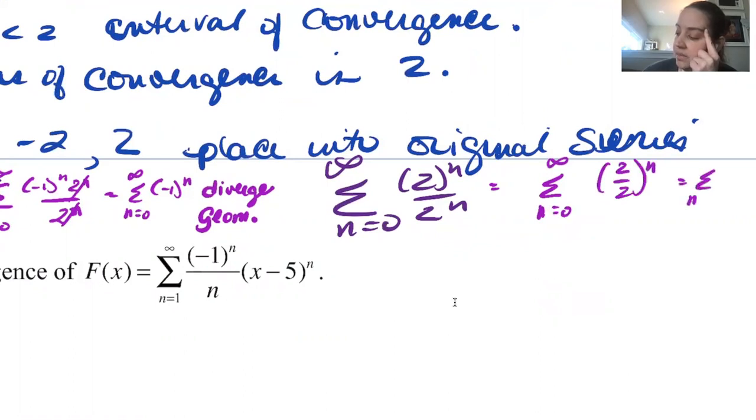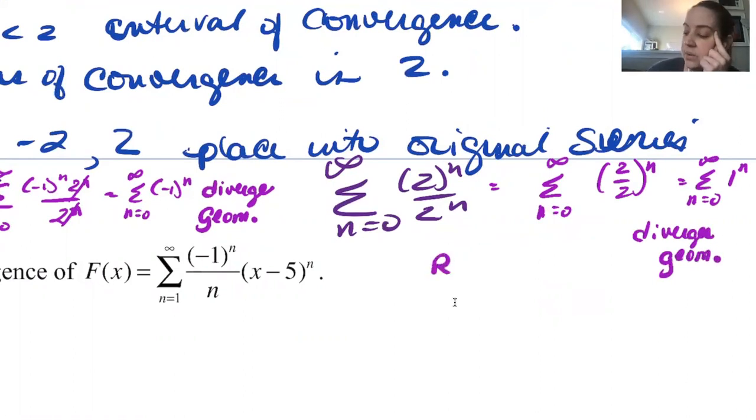This becomes 1 to the n. Does this converge or diverge? Just like the other one, this diverges because it's a geometric series and that ratio is 1 or greater. So your radius equals 2. Your interval of convergence is negative 2, which is less than x, which is less than 2.